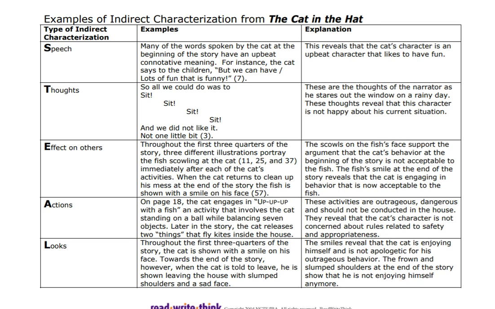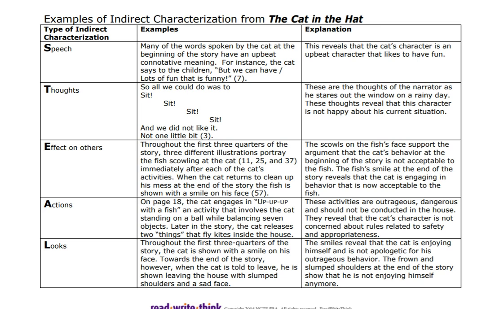The effect on others. The example is, throughout the first three-quarters of the story, three different illustrations portray the fish scowling at the cat. You would look at the pictures on pages 11, 25, and 37, immediately after each of the cat's activities. When the cat returns to clean up his mess at the end of the story, the fish is shown with a smile on his face.